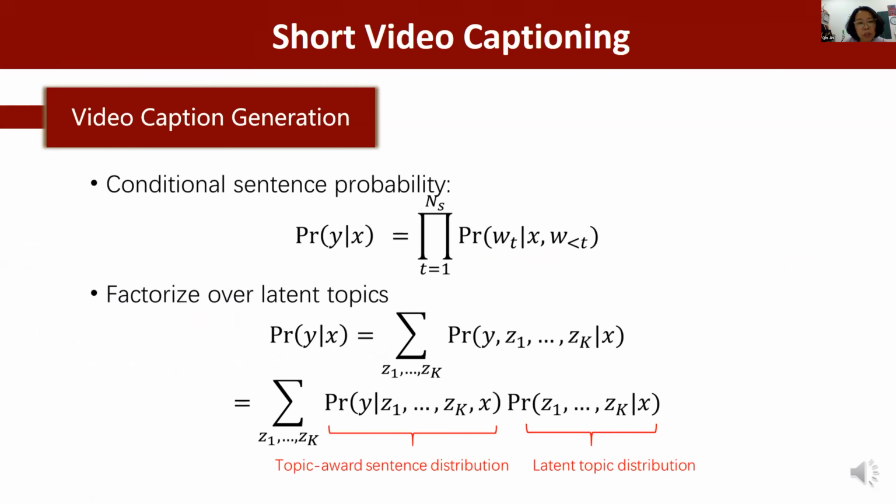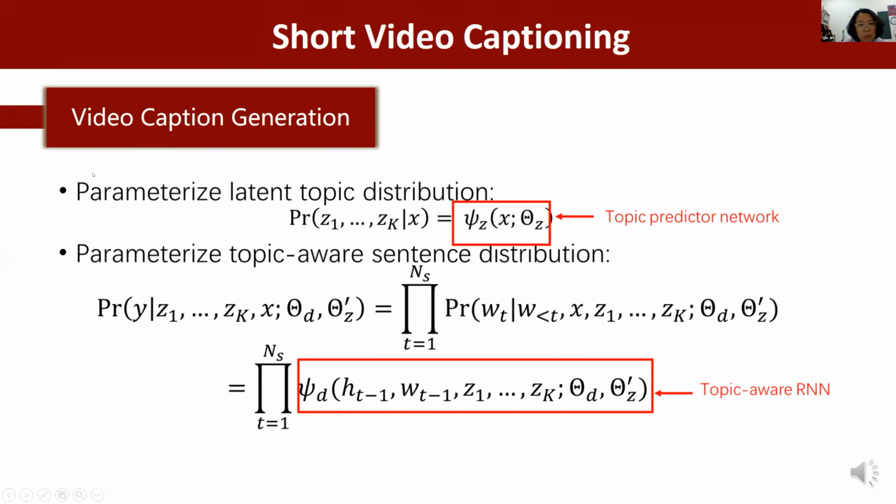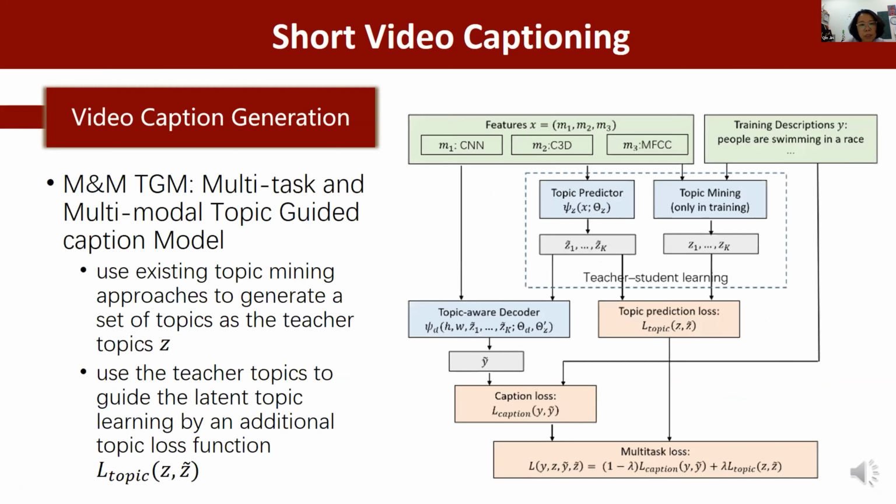The caption generation can be formulated as a conditional sentence probability, which we can factorize over latent topics. If we parameterize the latent topic distribution and the topic-aware sentence distribution, this leads to a topic prediction network and a topic-aware caption generation network. This figure shows the overall framework for our latent topic guided caption generation.